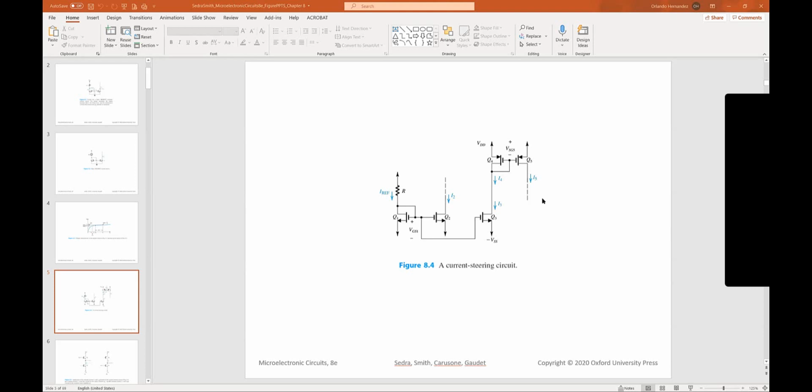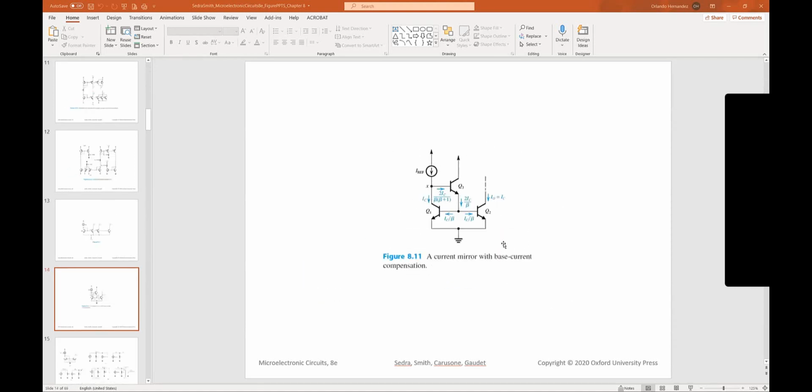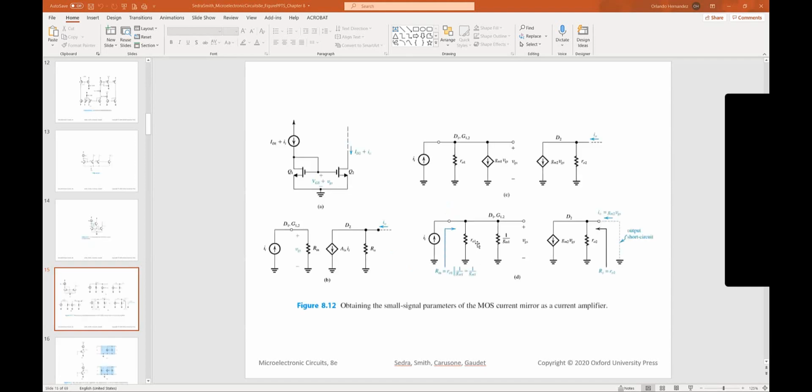So for that, the picture that I'm going to be basing the analysis on is figure 8.12. Notice that there is a complementary analysis in the book in this chapter for BJTs, which I'm totally ignoring, okay? So I'm not going to be covering, as always, BJTs.